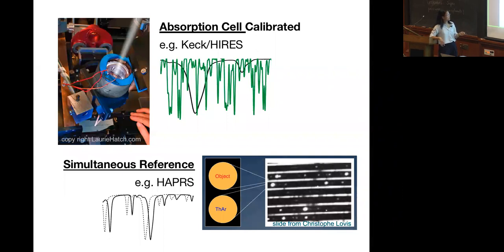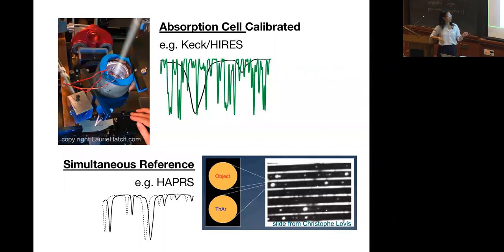And for the simultaneous reference spectrograph, the golden example is the HARPS spectrograph, north or south. They are stabilized in their vacuum chamber. So presumably their wavelength solution on the CCD grid doesn't change, at least doesn't change much, or changes in a measurable and predictable way.